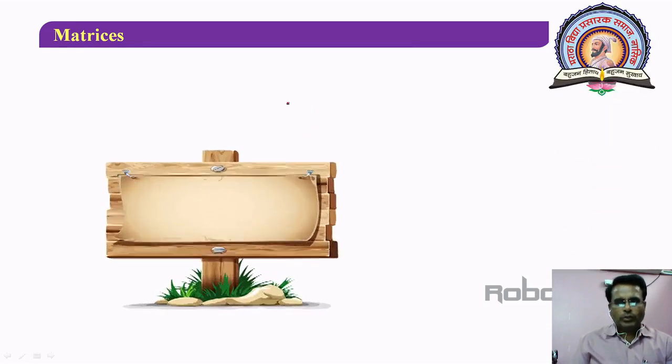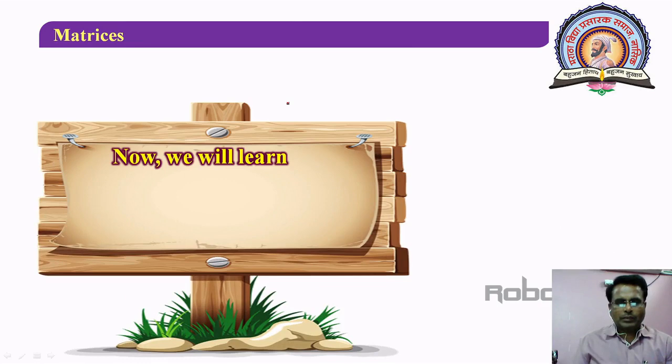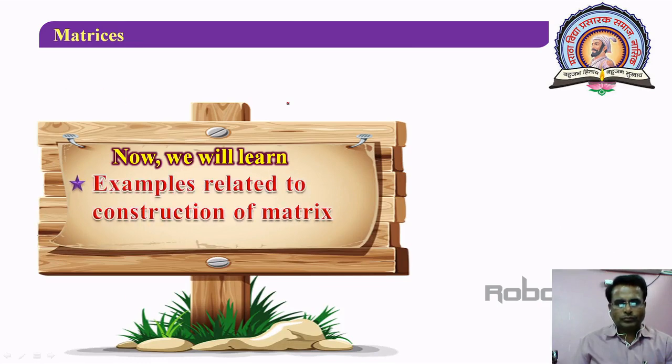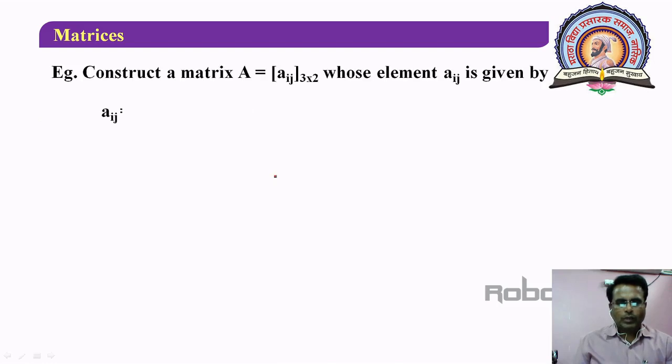Now we are going to consider the next concept, that is types of matrices. Before considering types, we can consider the construction of a matrix also. Suppose we construct a 3 by 2 matrix whose elements aij are given by aij equal to (i minus j) whole squared divided by 2. Now while considering aij, the formula is (i minus j) squared upon 2.